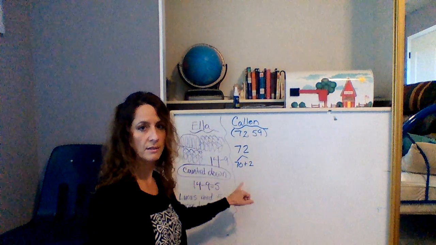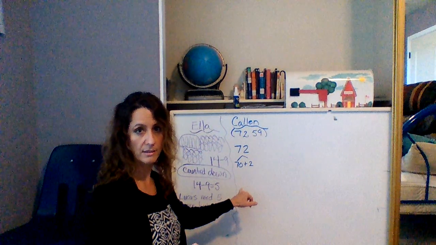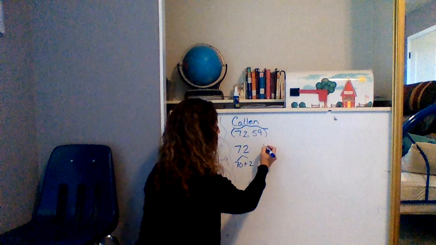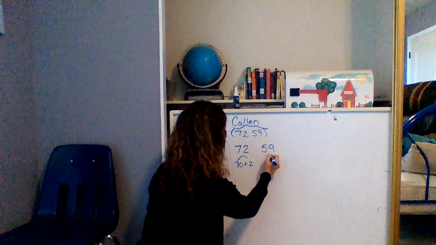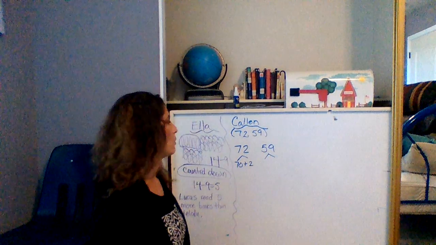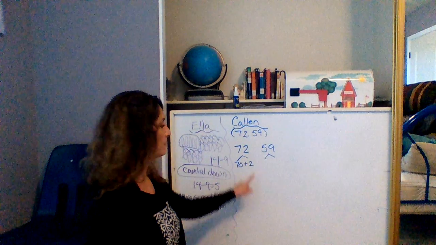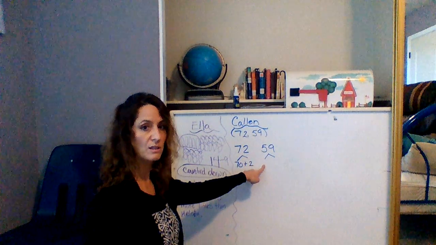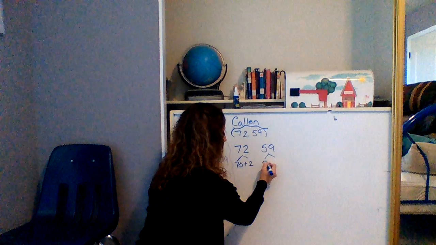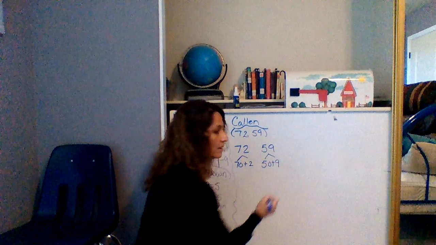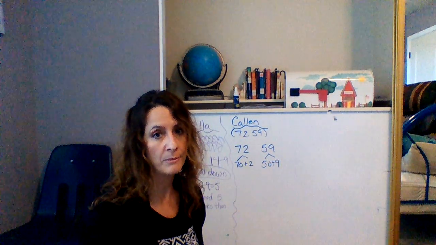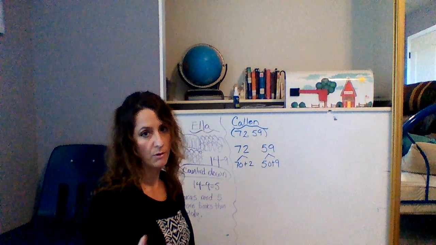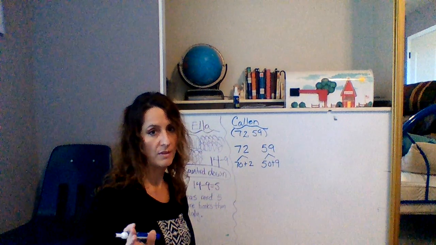Okay, let's do the same thing for 59. 59, when we find its expanded form, remember that's standard, let's go ahead and expand it. 50 plus 9. Oh boy, Callan, I hope I'm doing this the way you did it. You said you broke it up into tens and ones, so I'm hoping that's what you did.